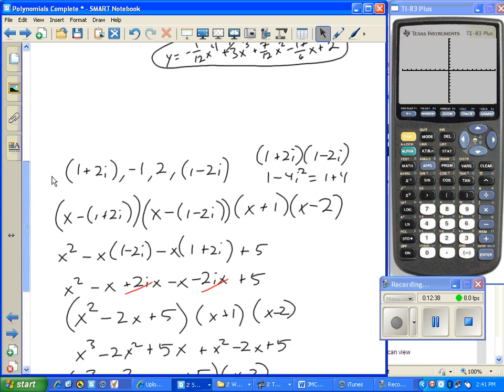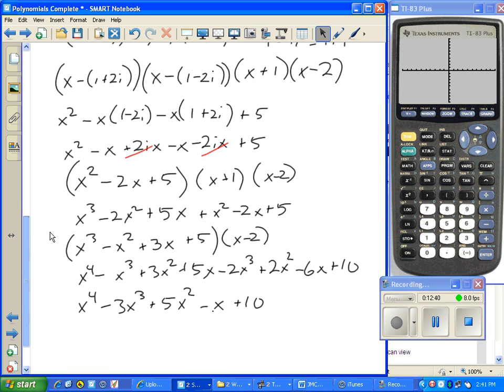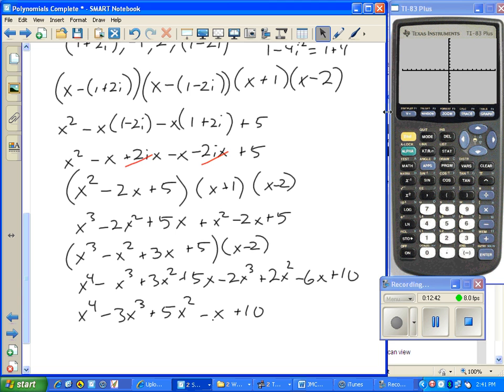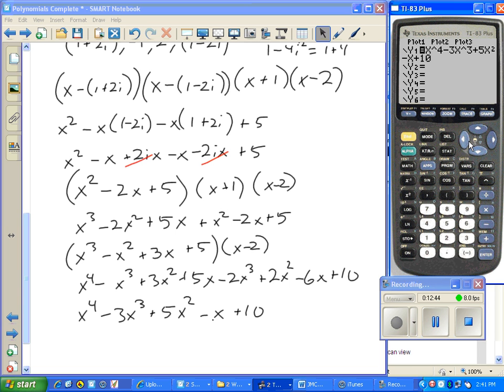Okay, and what were my zeros here? Should be seeing -1 and 2. I'm not seeing any.